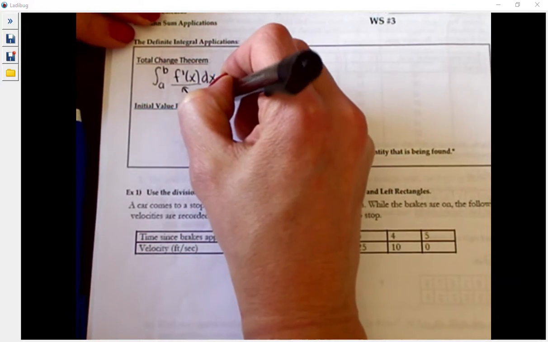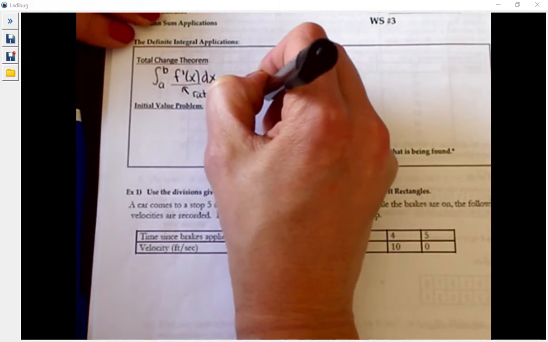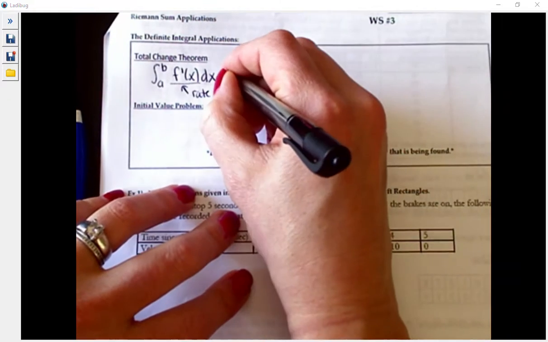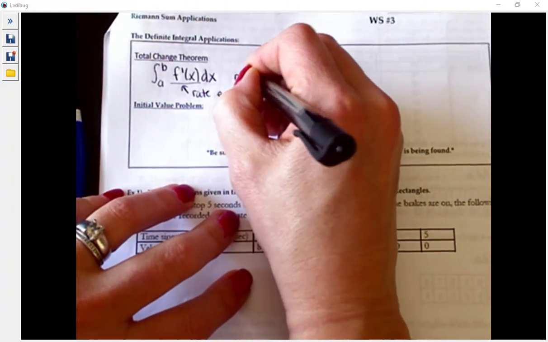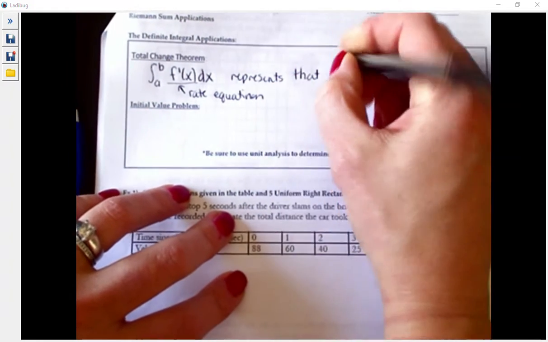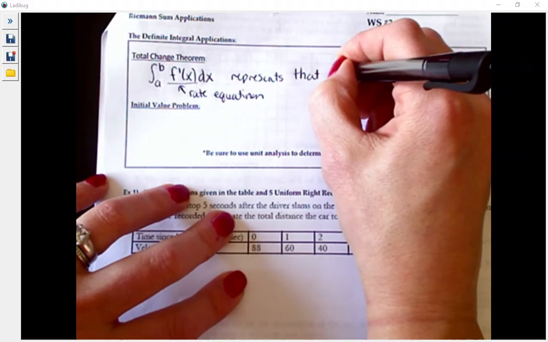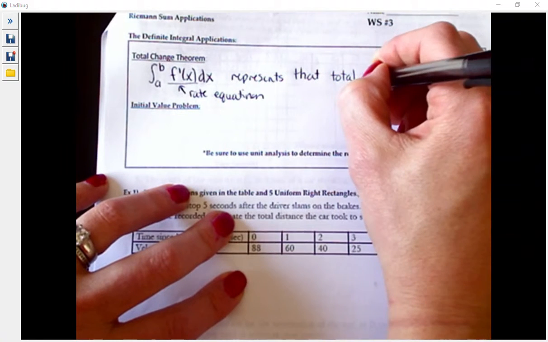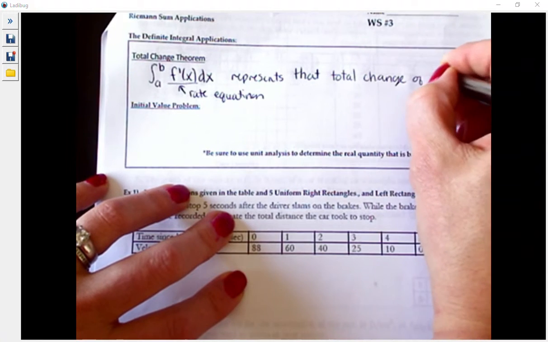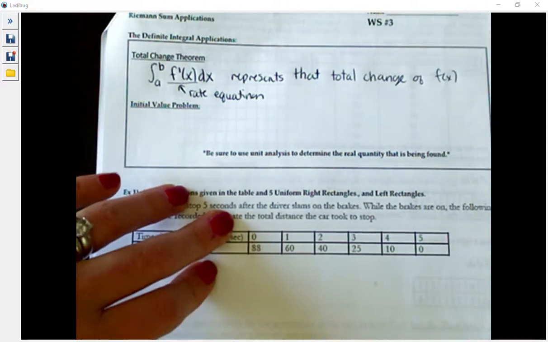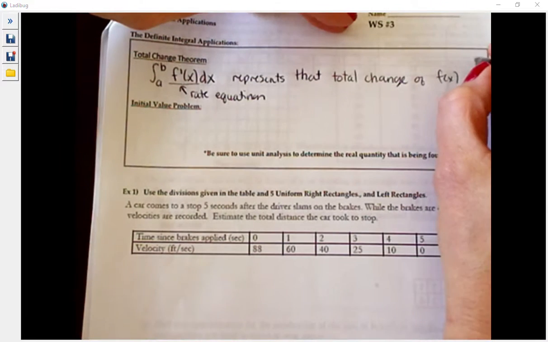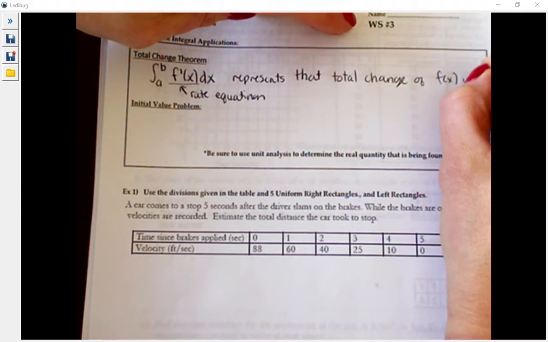Rate equation. And this represents the total change of f of x. Now that is the original in units.